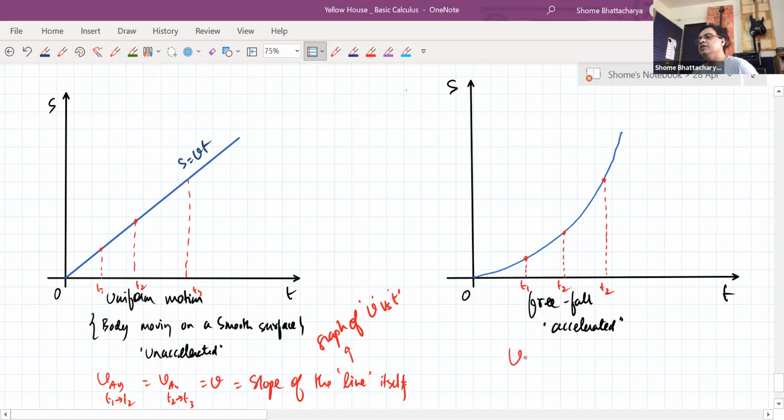So you can see that V average from T1 to T2 is not equal to V average from T2 to T3, because they're different secant lines.